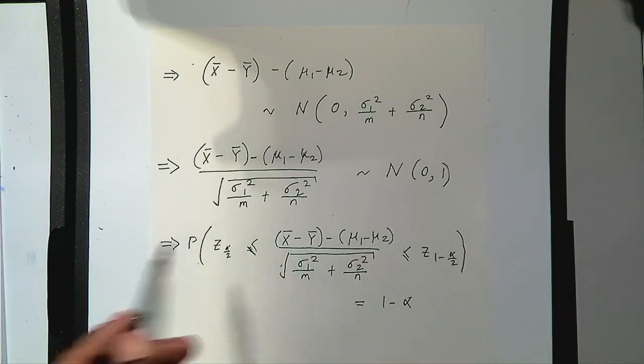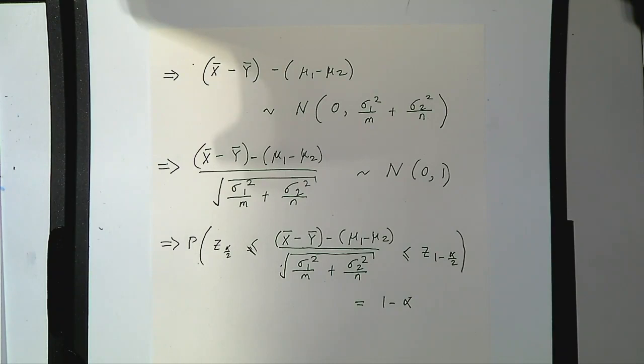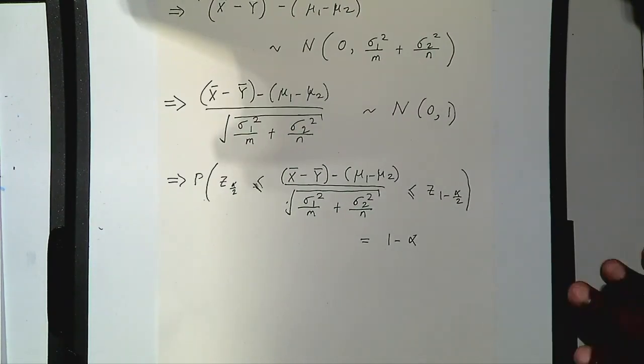Because this has a standard normal, the area between these two must be 1 minus alpha. Okay?